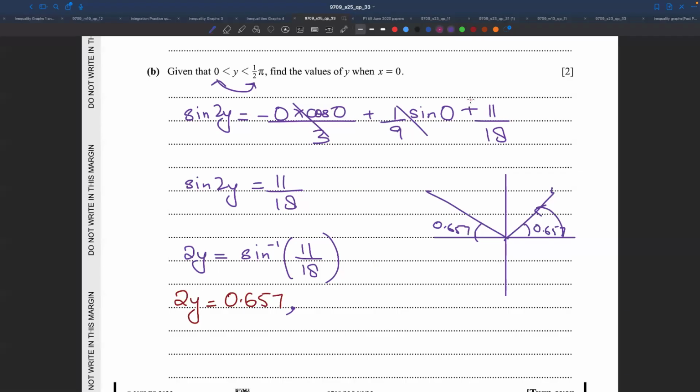And the other value would be pi minus 0.657, which is 2.484. And then finally you divide both of these answers by 2. So this answer will become 0.3285, so 0.329, and this will become 1.242, or 1.24 to three significant figures. And that's it.